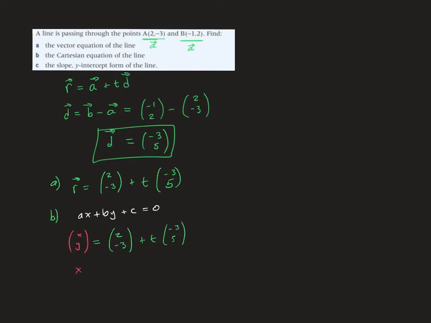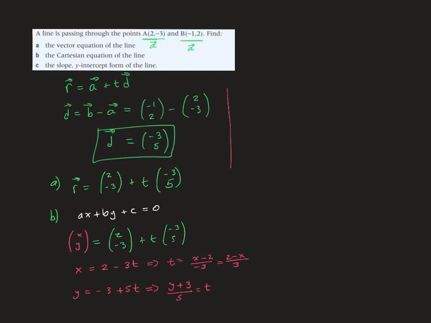So we're going to have x equal to 2 minus 3t, and y is going to be -3 plus 5t. Now, from the first equation, we get that t is equal to (x minus 2) divided by -3, or (2 minus x) divided by 3. And from the second equation, we get that (y plus 3) divided by 5 is t.